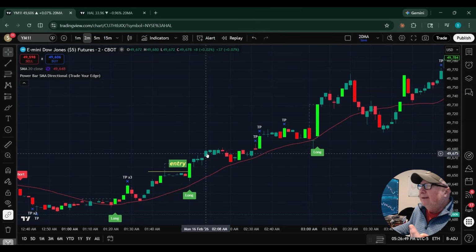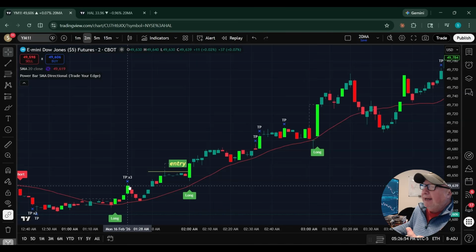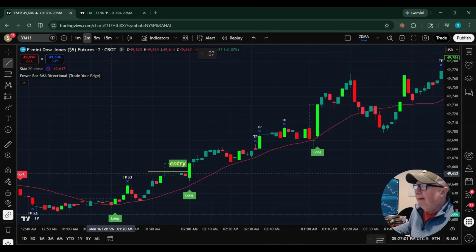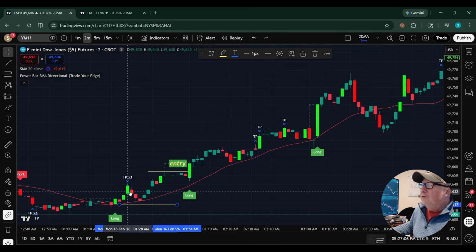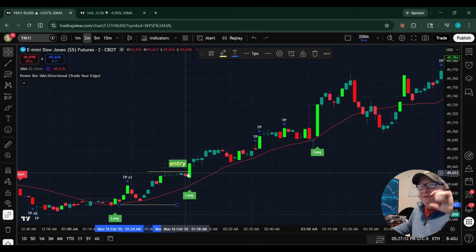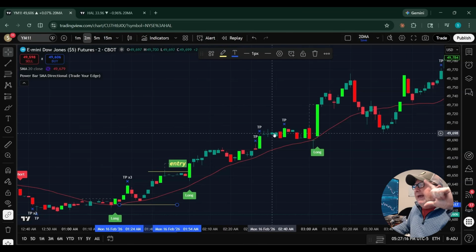Strong move away, continuation, strong move away, pull back, but no stop out because the bar begins here. So the stop would be here, right? No stop out. And then the move higher, right? Away from the 20 as it stretches away, and then the snapback. Away, snapback.